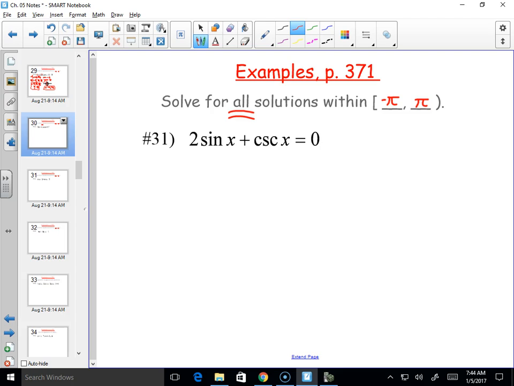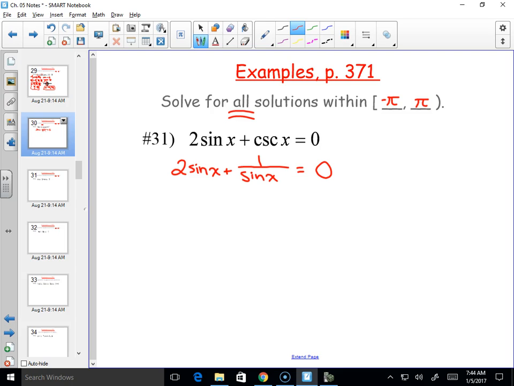But as we look at this equation, we're like, crud, we better use some identities. It might take you a second to figure out which identity to use, but hopefully you'll conclude that cosecant can be substituted with 1 over sine.